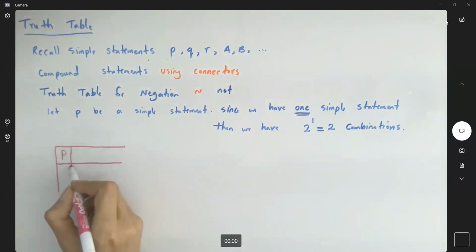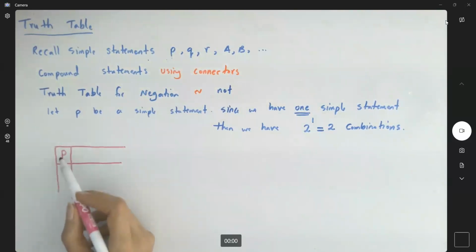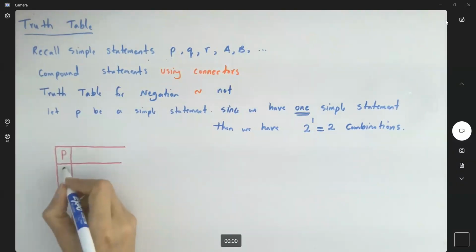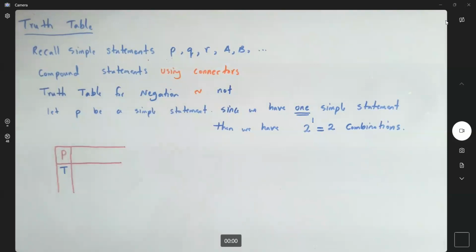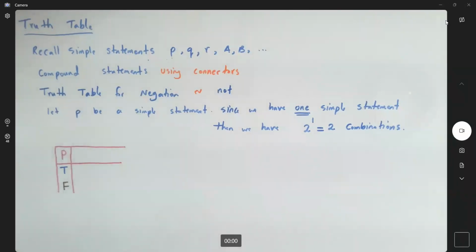It goes on the first column. This is the rule that we follow for logic. So you have P. P can be true. Also, remember that P as a logical statement can be false. Okay, very good.